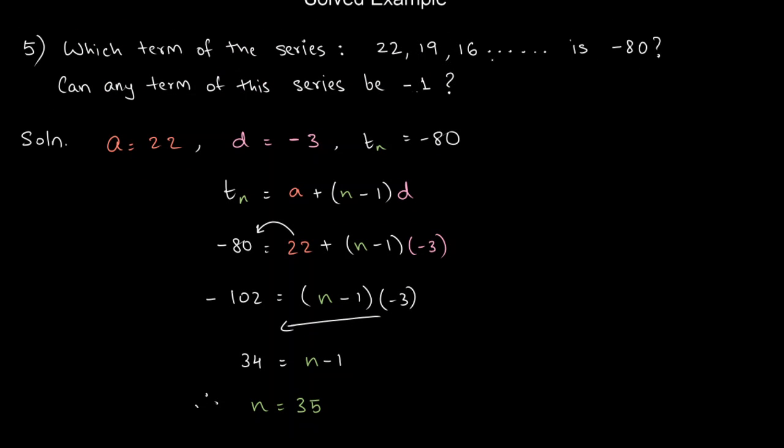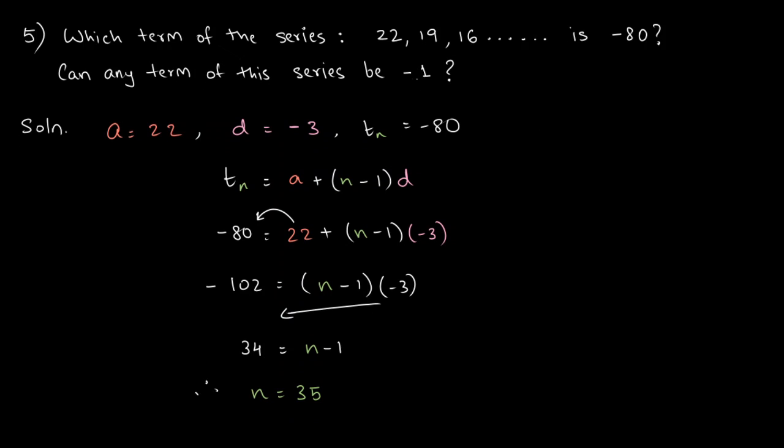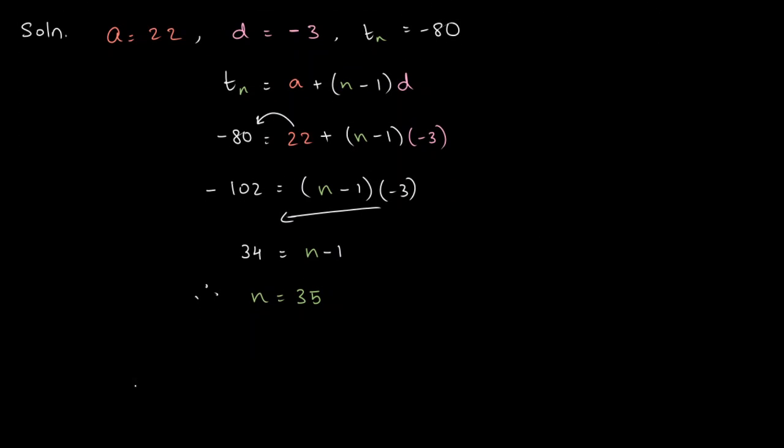Now the second part of the question asks us, can any term of the series be negative 1? Now how do I check if it's possible for any term to be negative 1 or not? The way to do that is to find the value of n again. So you find the position of the term negative 1. So let's try to do that. Let Tm, the mth term, be equal to negative 1.